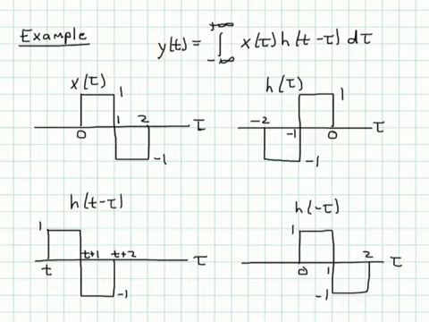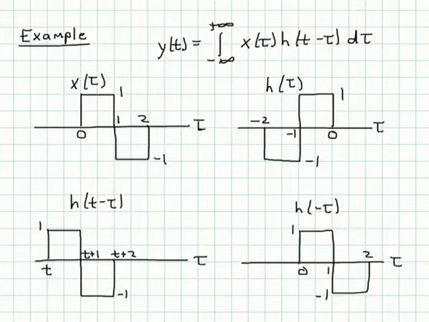So all I've done is take this graph here and shift it so that the origin of this graph now is at t. And t is an arbitrary parameter in this case. Just as I change the value of t, this graph shifts up and down this axis here. And we have to calculate the convolution output, y of t, for all possible values of t.